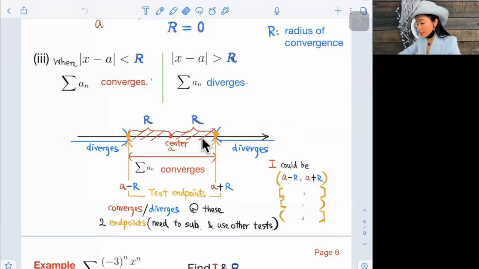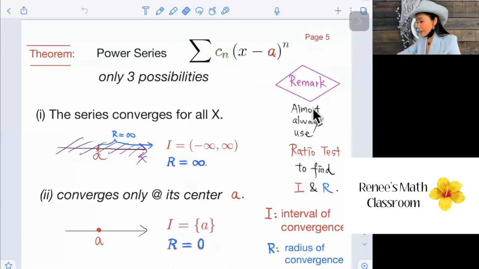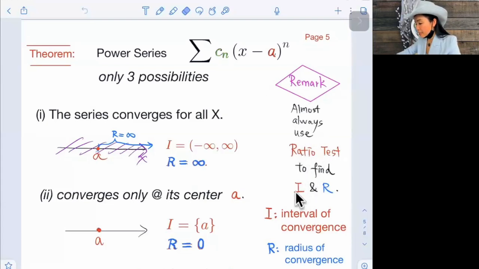And for the endpoints, you're going to use other tests to decide to include an endpoint if it's convergent, and if it's divergent, you will exclude that end right there. So three possibilities for the power series. You almost always use the ratio test to find the interval of convergence and radius of convergence. So the ratio test is the test to use.